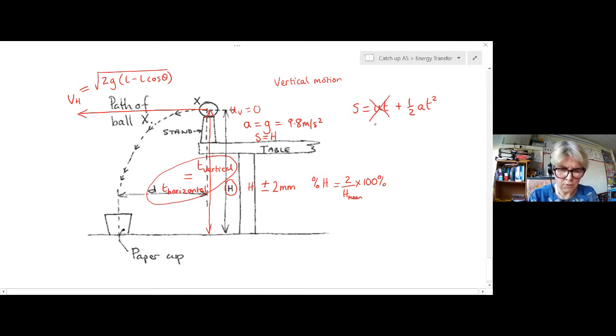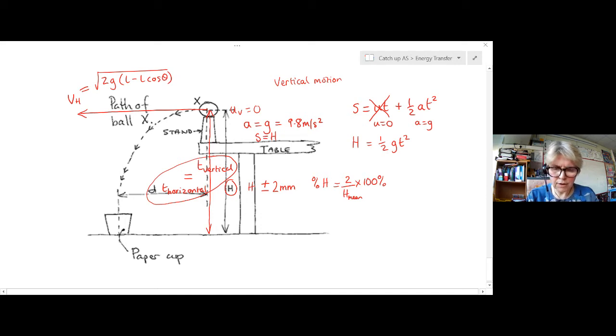u is equal to 0. And if ever you have to do this in an exam question, do make sure you put u equals 0 somewhere before you start crossing out. And a equals g before you substitute. So the height here is given by half g t squared. I can use s, I can use h, it doesn't matter.